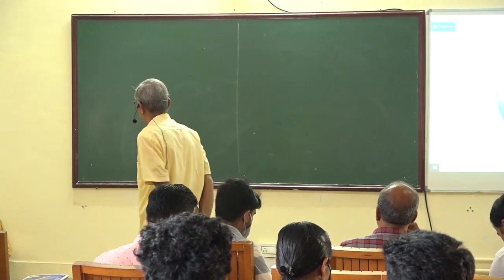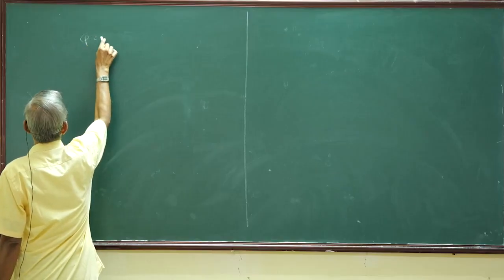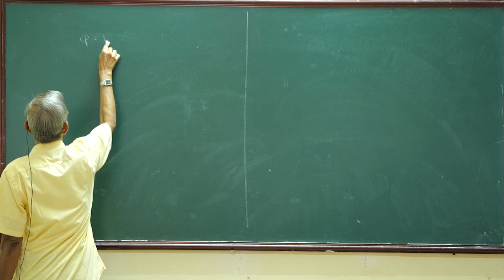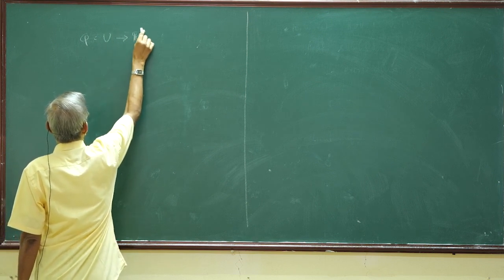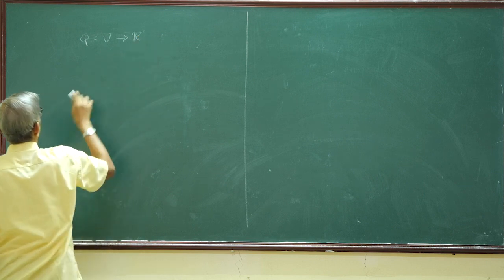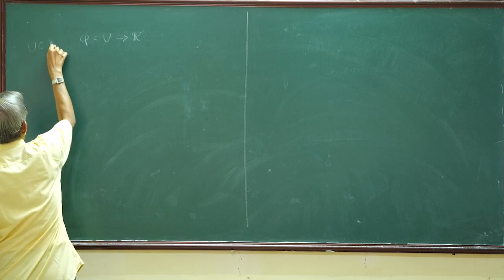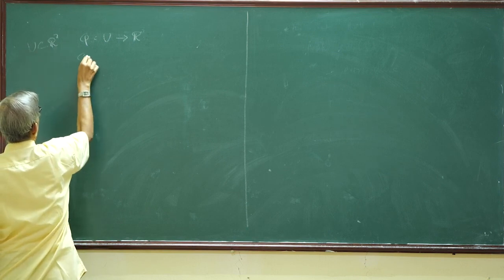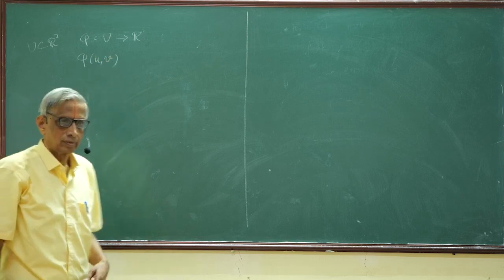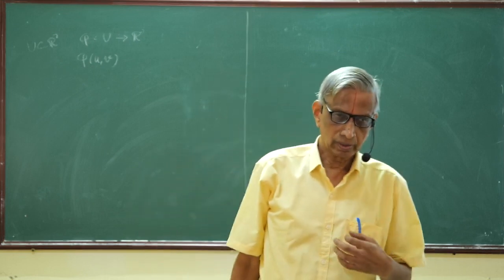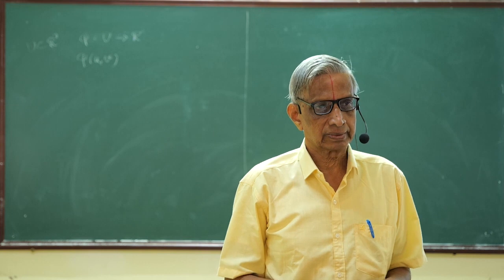So you have phi, S actually. So this phi gives the local coordinates on a piece of the surface.